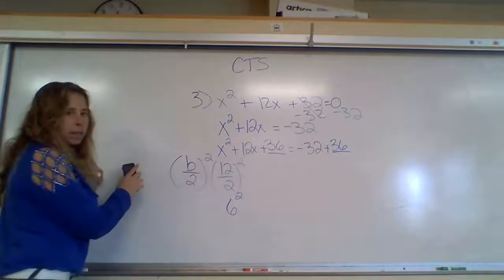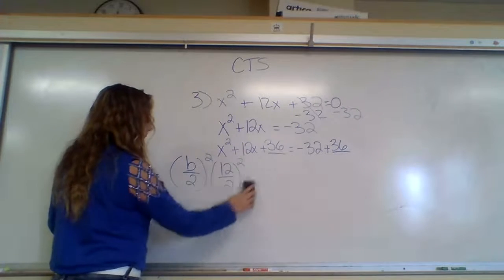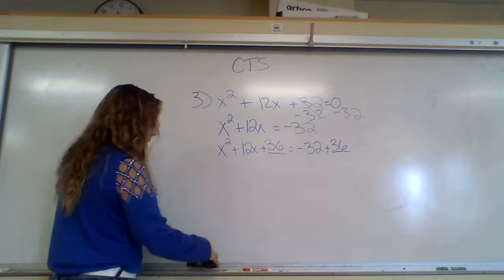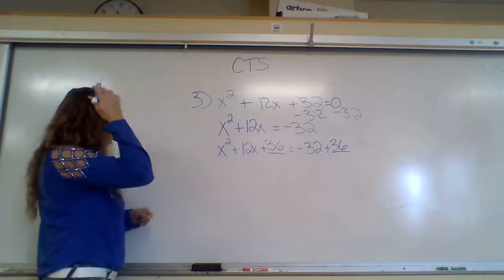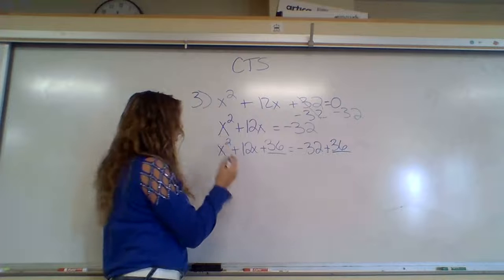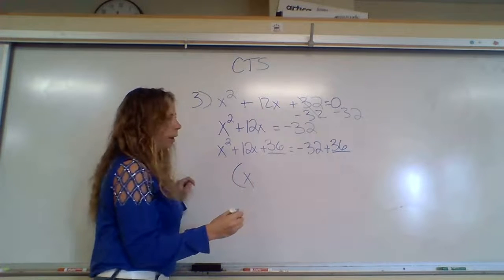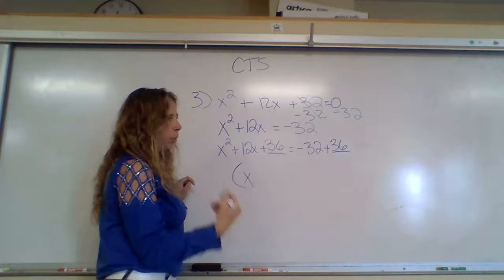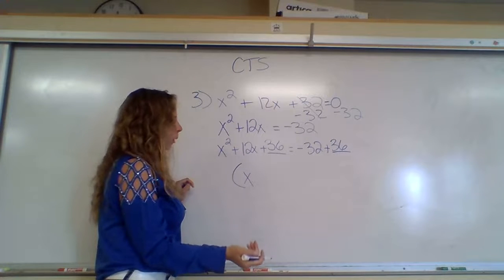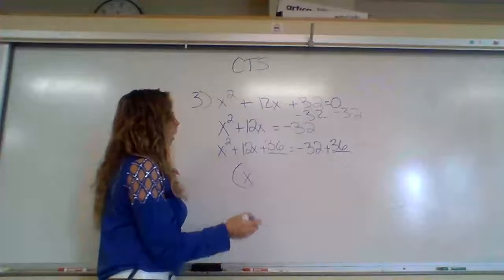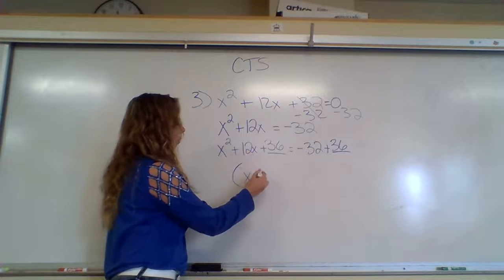I'm going to erase this because it's in my way. Okay, now you're going to write this side in its factored form. Since it is a perfect square, and we know it is because we just completed it, just take half of the middle term.